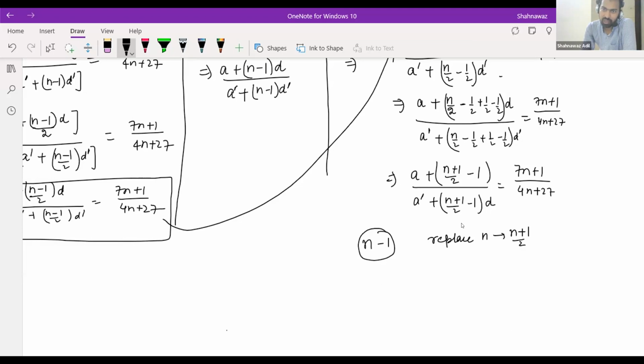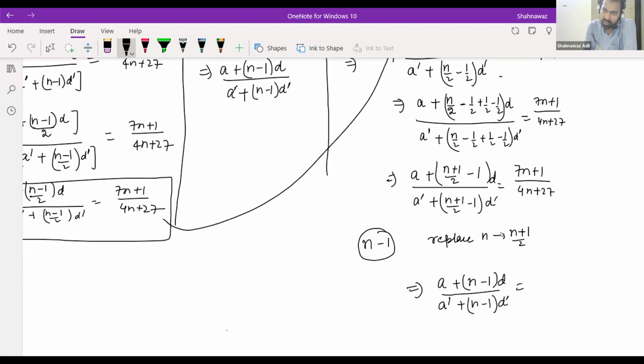Yes, sir. So let us write n plus 1 by 2 as n, right? So this would be a plus n minus 1 by 2, right? And this would be how much? A prime plus n minus 1 by d and d prime, right?